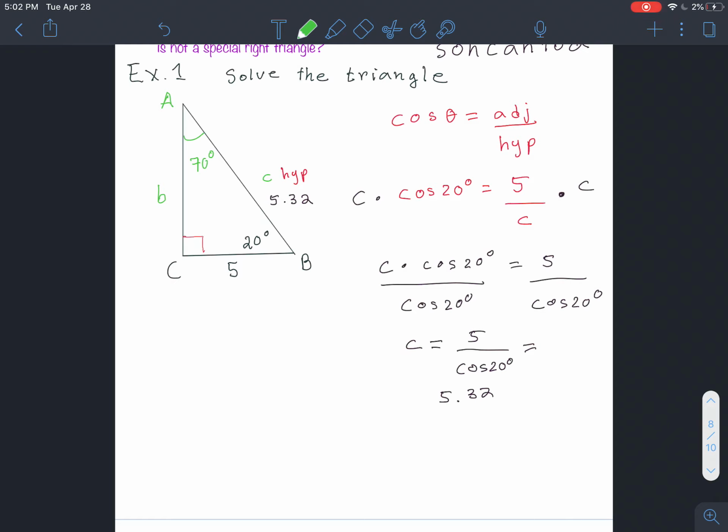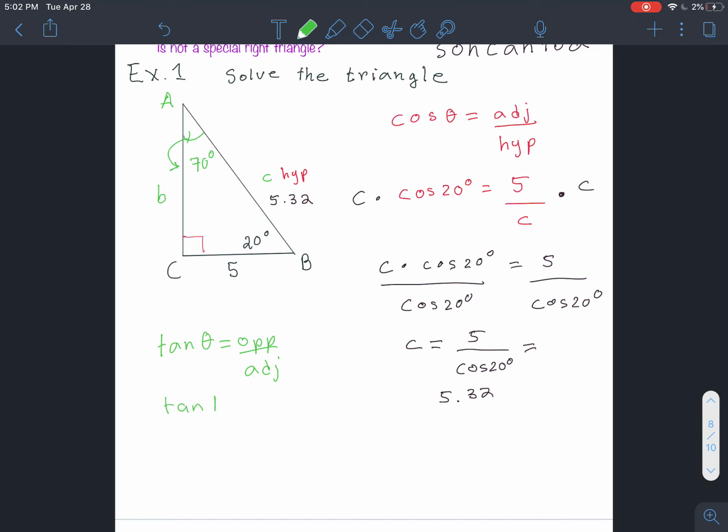So I'm going to look at 70 and B. And once again, what's the relationship between 70 degrees and B? Well, they're adjacent to each other. And what's the relationship between 70 degrees and 5? They're opposite. So which trigonometric ratio relates an angle, an opposite side, and an adjacent side? Well, that would be tangent. Just opposite over adjacent.